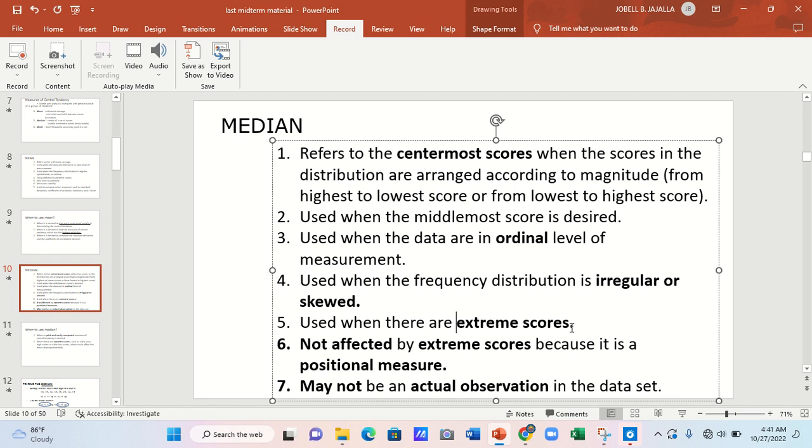Like 1 to 5, 1 being the lowest and 5 being the highest. There are respondents who answer almost always 1 or almost always 5. Okay?